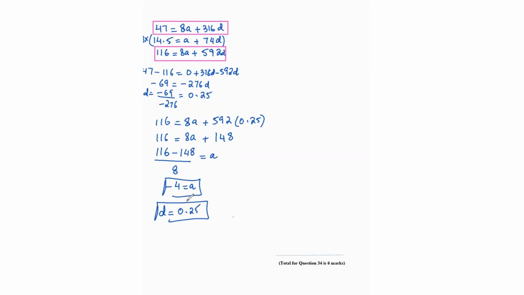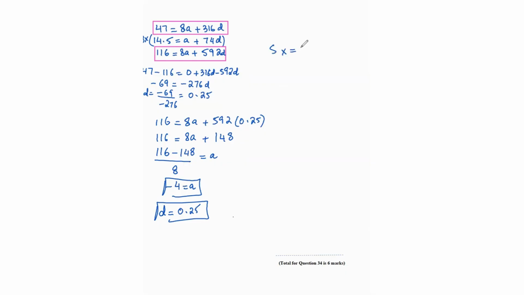Now they want us to find the value of x where x is the number of the first x terms of S, whose sum is 171. So Sx equals x over 2 times 2 times negative 4 plus x minus 1 times 0.25.